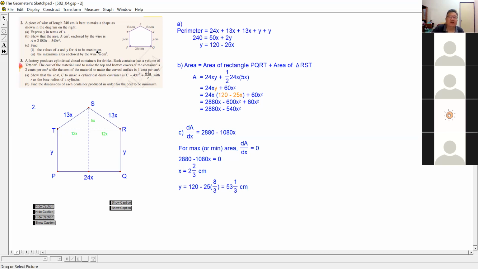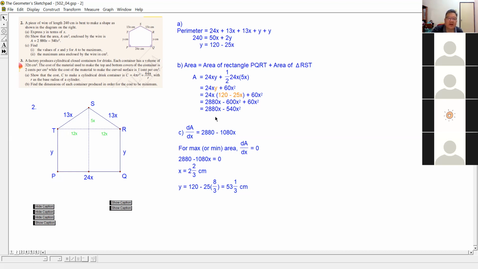With respect to which variable depends on the question. If the area is involving r, then dA/dr. Now in this particular case, the area is involving x, so you differentiate dA/dx. So you want to find maximum or minimum area, right? You have to differentiate. Now this is a polynomial, very easy to differentiate.